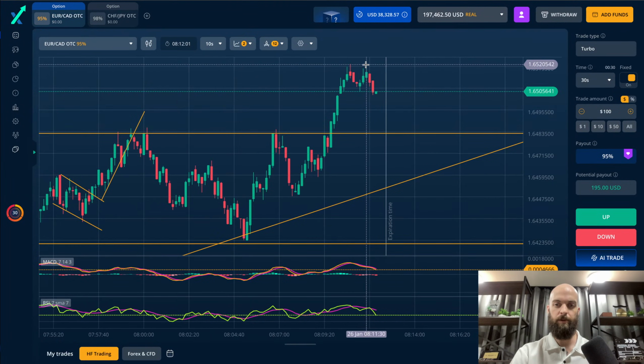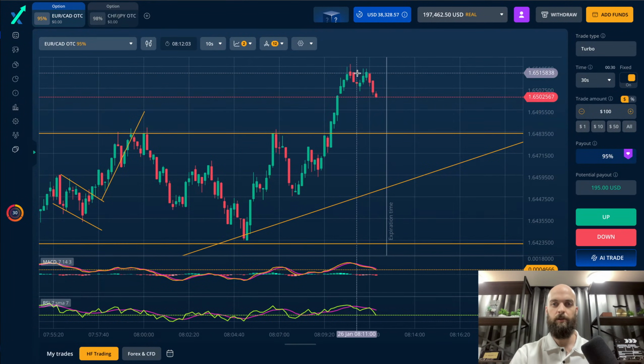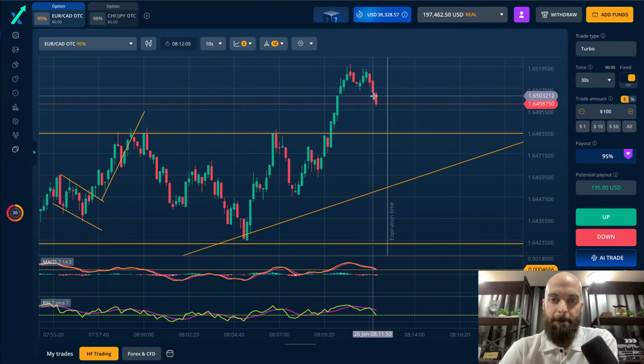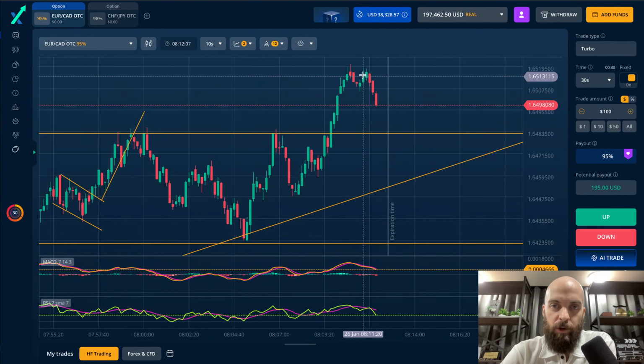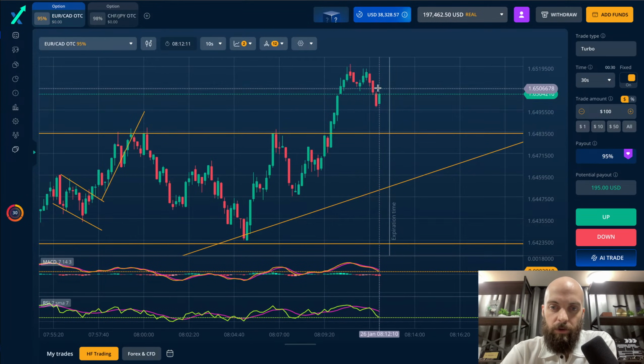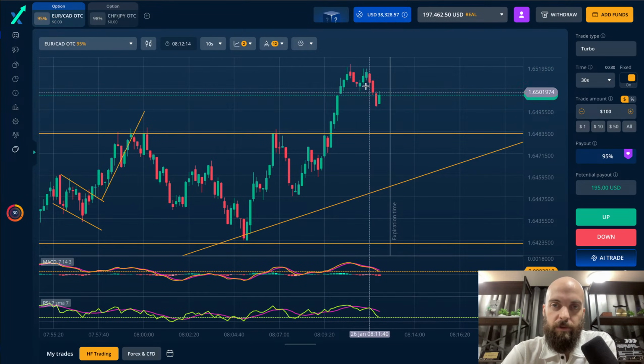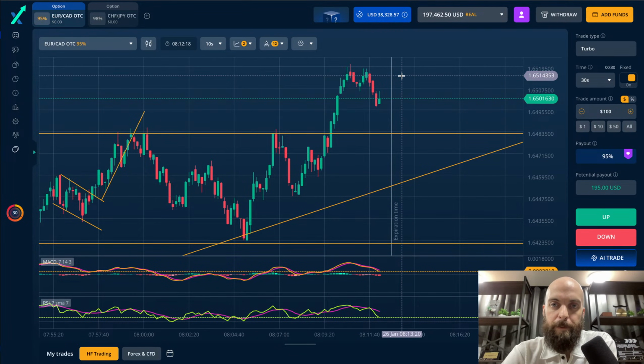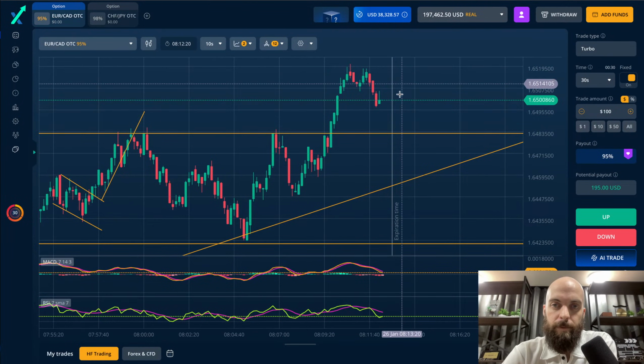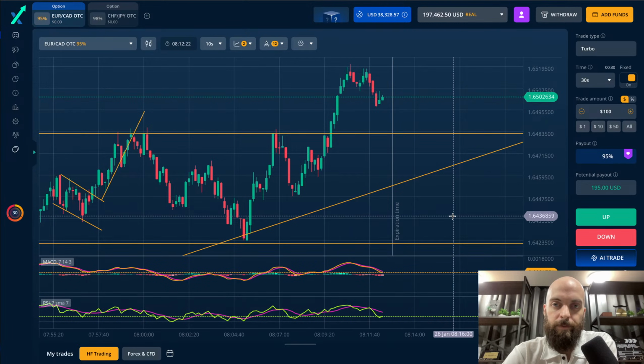Didn't quite sweep it, but momentum is falling. Cross was way back here, but the RSI gave another cross, so that was pretty solid here, because of the divergence.